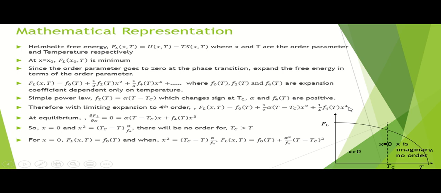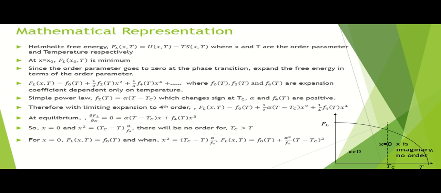Now in this case it is x to the power 4, that means Tc minus T square alpha square over f4 square, and now this f4 square and that f4 square will get cancelled. So you will also get a similar term there, alpha square over f4 times T minus Tc square, and when you add these two similar terms you will get simply a single term.